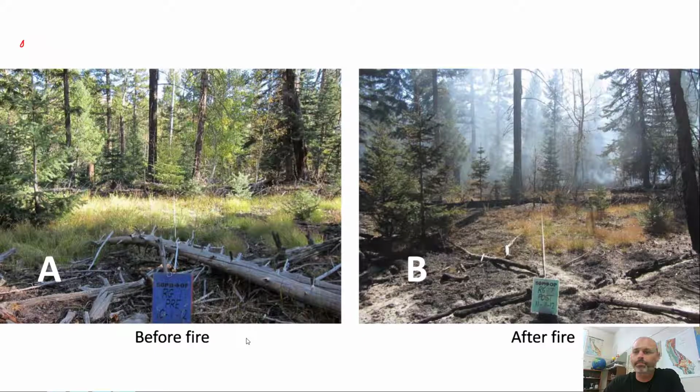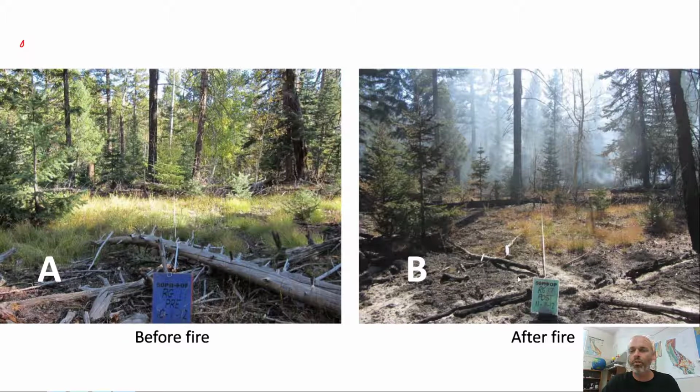This slide shows a comparison of one photo taken before a fire and one photo taken after a fire. And what you'll notice is that the burn severity can change even in a small area. So we're looking at an area the size of maybe a house, ground cover wise. And you see in this first picture that we have some old logs that are on the ground, we have some grasses.